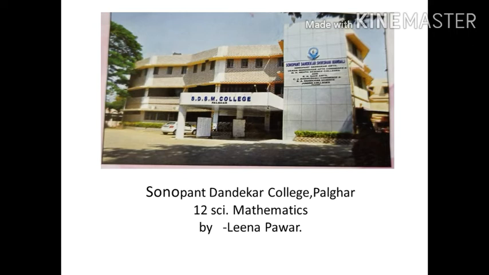Cartesian coordinates to polar coordinates means if you are given Cartesian coordinates, using them we can find the polar coordinates. That is, r is equal to under root x square plus y square and theta is equal to tan inverse of y upon x.